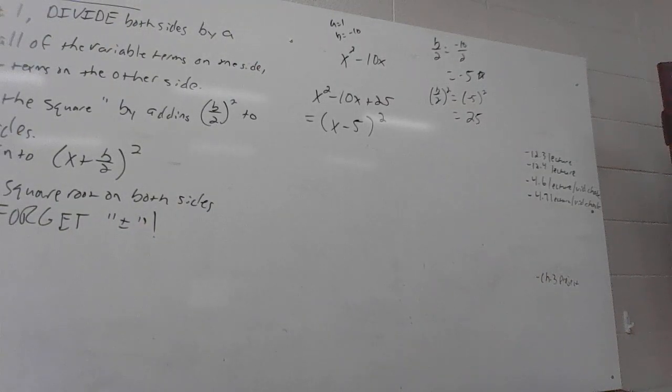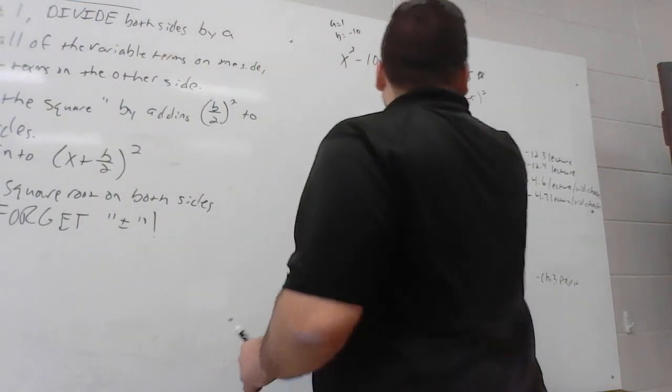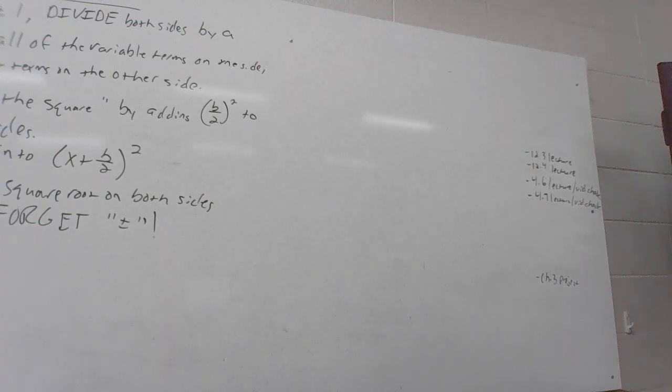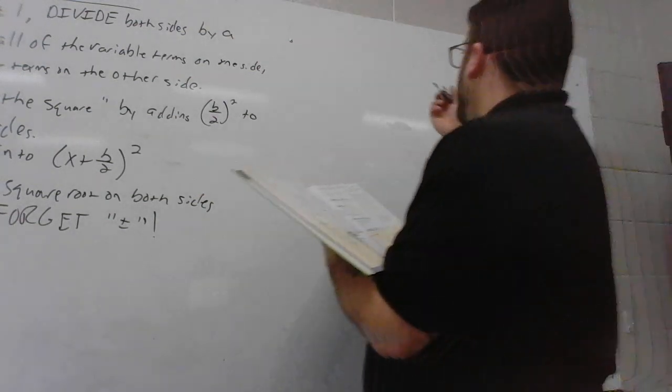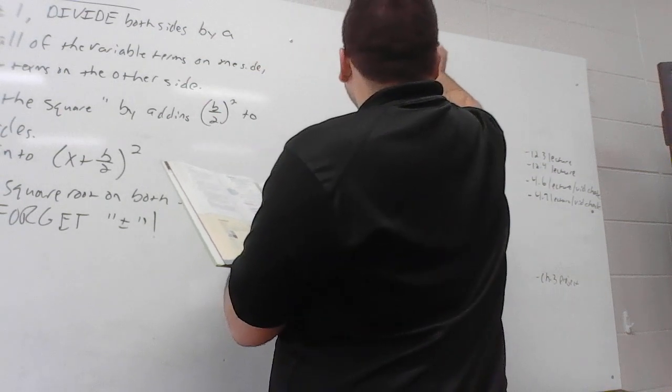Okay. Let's try this process without completing the square and with completing the square. So here's an example. I have x squared plus 4x plus 4 equals 25.